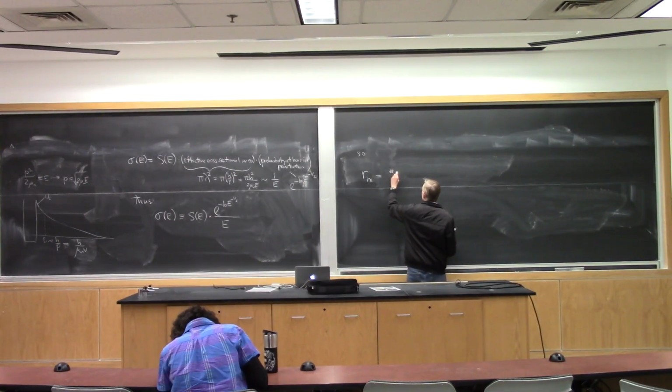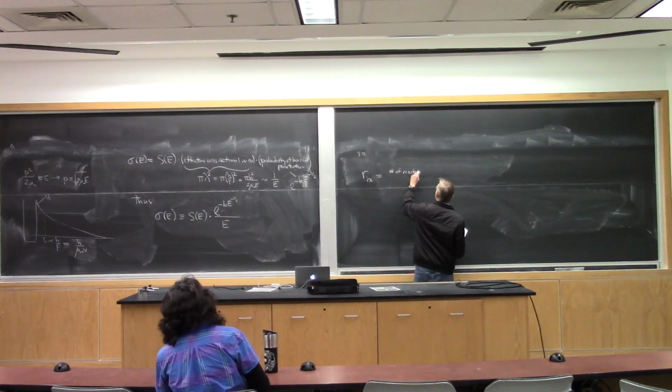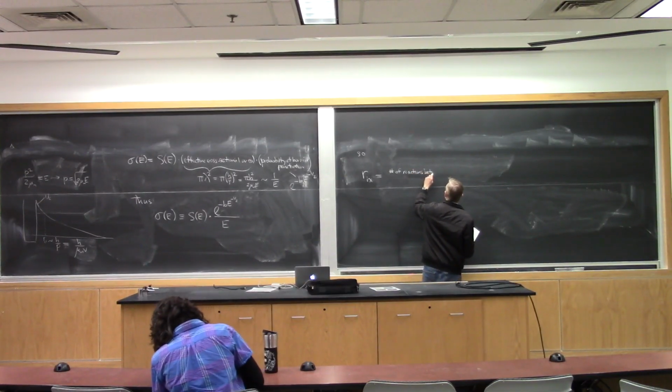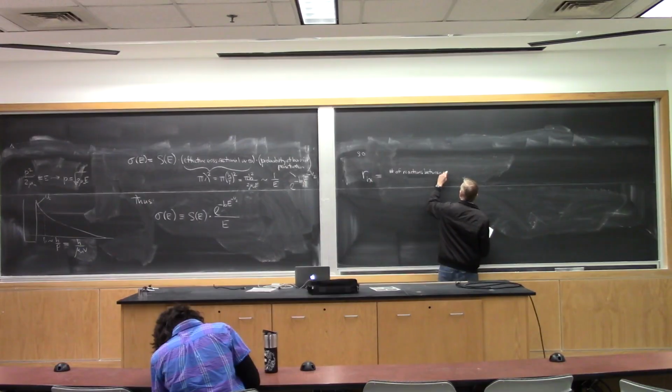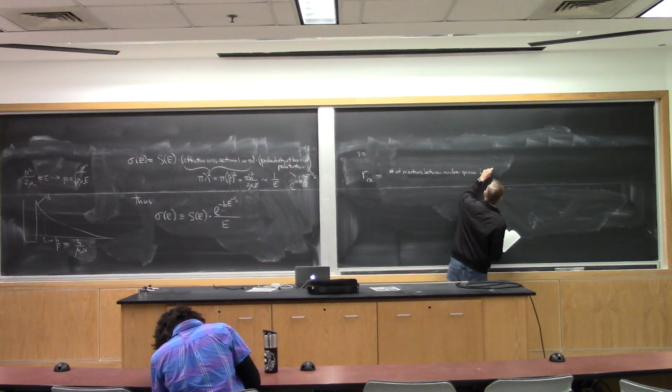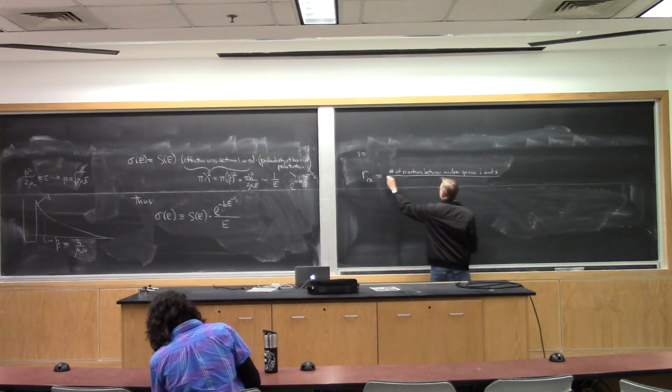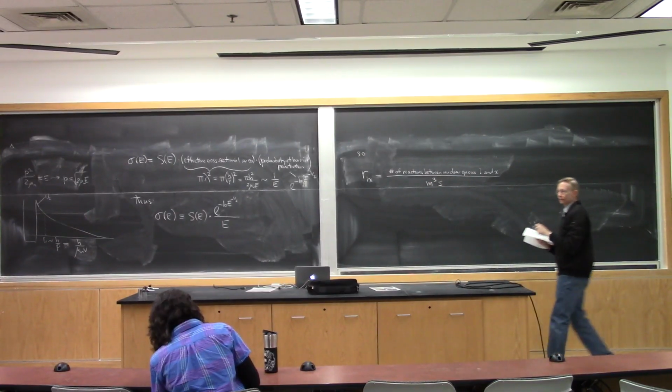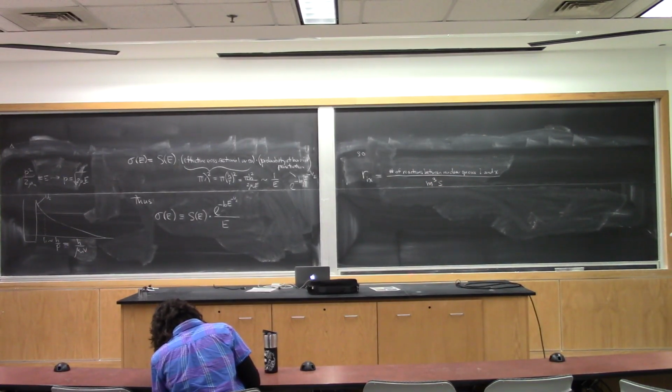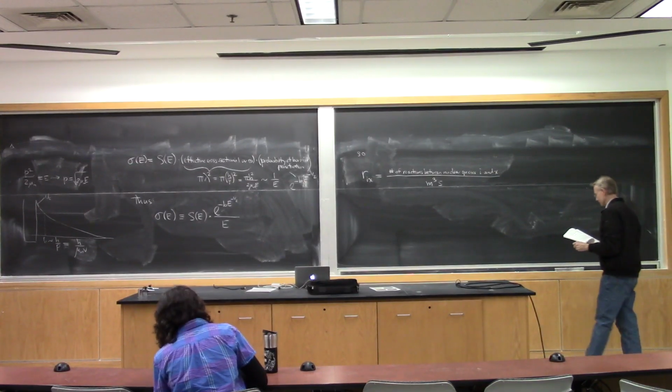That's the number of reactions between nuclear species I and X per cubic meter per second. That's how many of those fusions of those nuclei are going off per cubic meter per second.